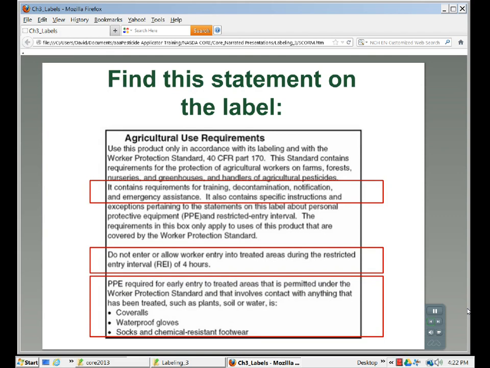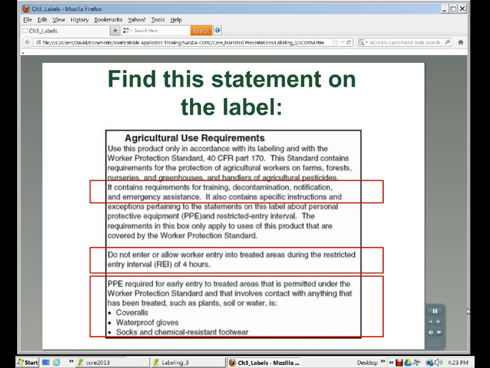The agricultural use statement is in a box on the label. It instructs the user to comply with all the requirements of the Worker Protection Standard, including training of employees, decontamination, application notification, emergency assistance, and minimum restricted entry intervals and personal protective equipment.